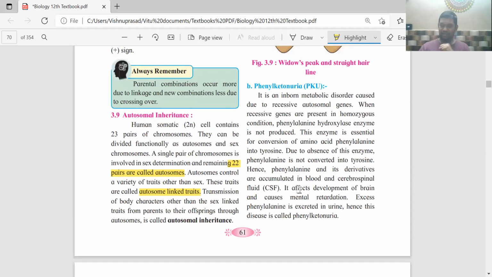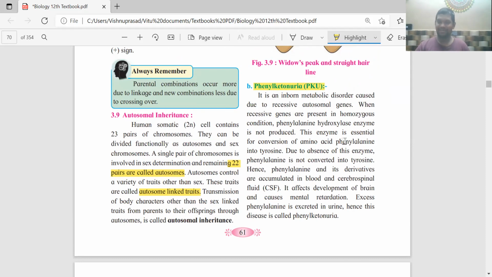Now, the first example we have seen is for autosomal dominant. The other example is autosomal recessive. It's a metabolic disorder, phenylketonuria, PKU.